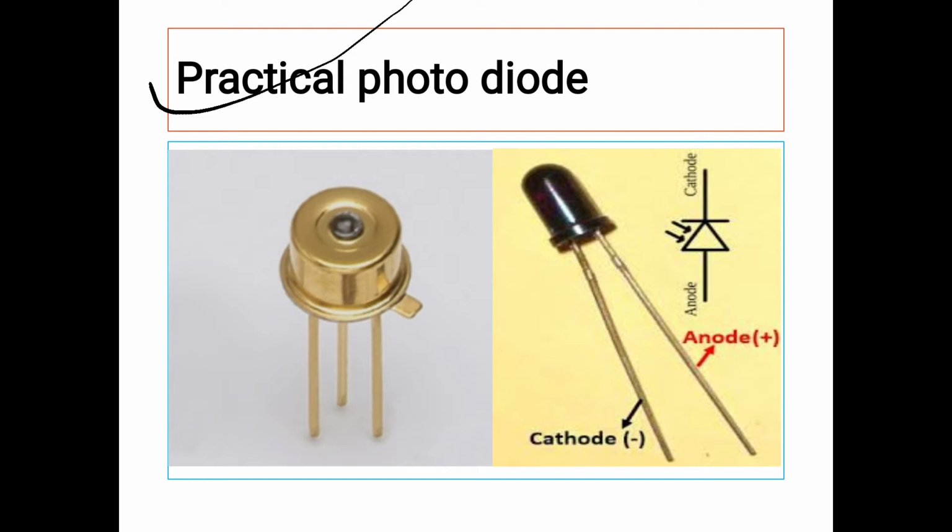You can see here, this is a 3-terminal photodiode, and this diode looks like the LEDs, in which this is our shorter terminal which is cathode, and the longer one is the anode. If we want to operate in the reverse bias condition, then we need to provide the negative terminal to the anode and the positive terminal to the cathode, so it will operate in the reverse bias condition.